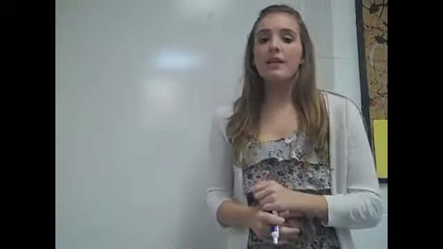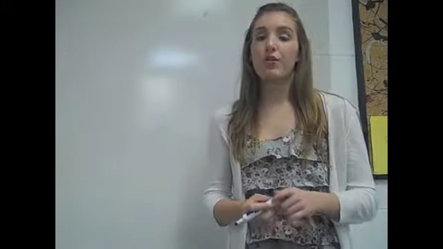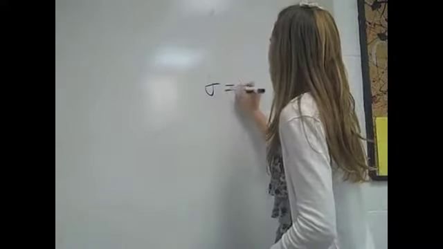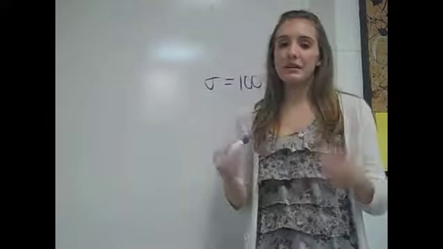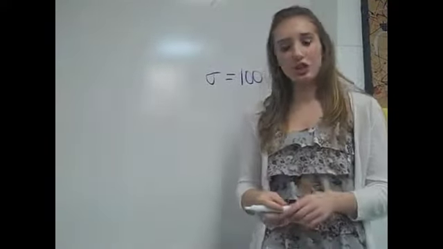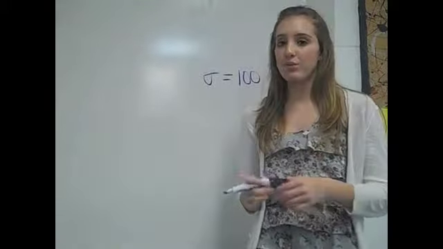mu. Let's say that we are given the standard deviation of SAT writing scores for all Texas seniors, so sigma equals 100. Now typically we will not be given the standard deviation of the population because that is really hard to determine. When we don't have this information, later chapters will explain what to do.